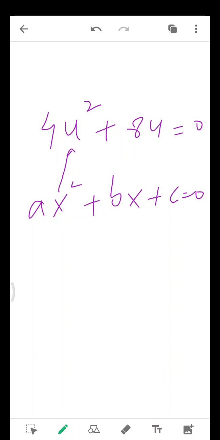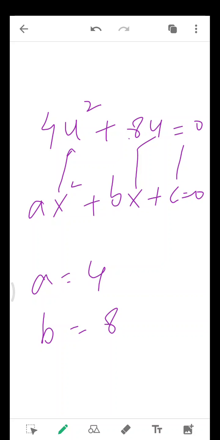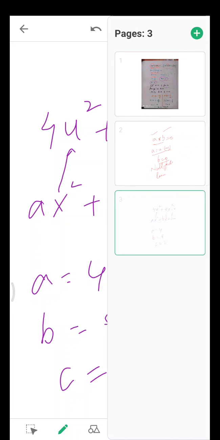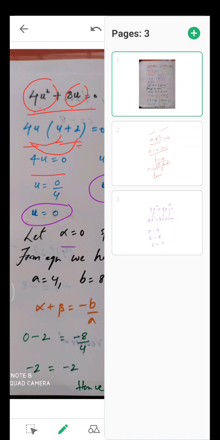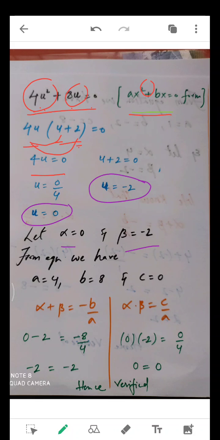That is u square. a is 4. And what is the coefficient of u in this? That is b, and here it is 8. And do we have c in this? No, c is missing, so c is 0. This is the way you have to proceed. Coming back to our problem, a is 4, b is 8, and c is 0.